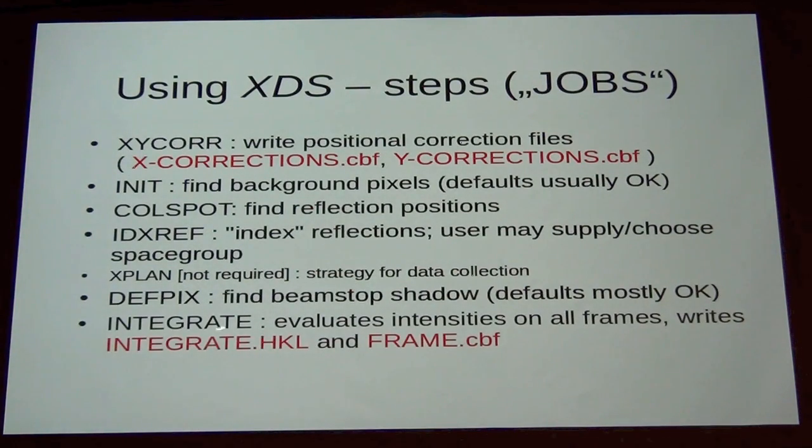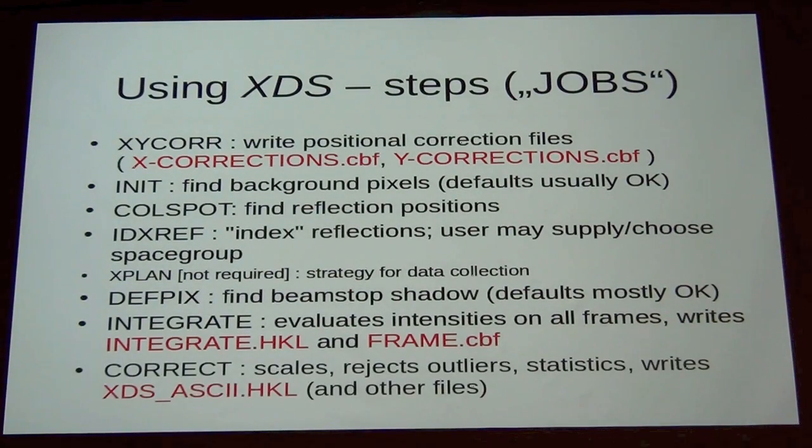INTEGRATE is the most time-consuming step, because given the unit cell, the primitive P1 unit cell normally, or the known unit cell that you specify, this step goes through all the data that you collected, and it writes the INTEGRATE.HKL, which has the integrated intensities, and the control image frame CPF, where you can see the superposition of the actual last frame and the predicted reflections on that frame.